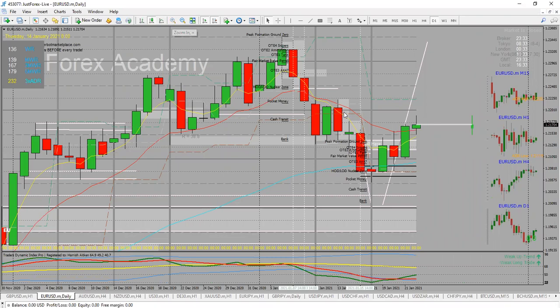Then the second swing high is this one: one, two, three. Then this week is raided but did not close above on the third candle. Now I want to see the reaction of the market on this candle for this week.